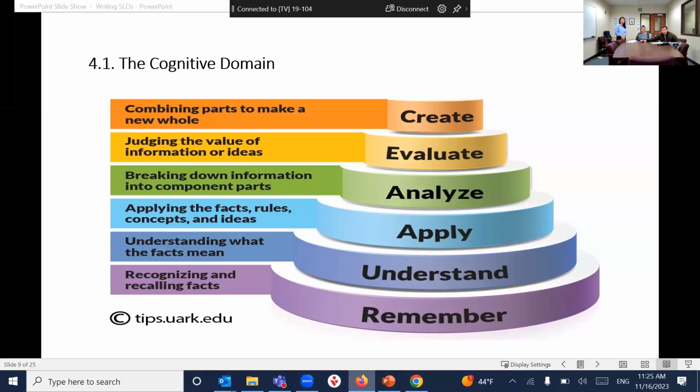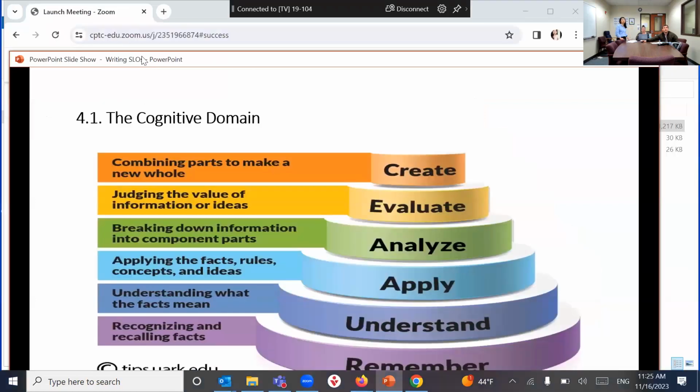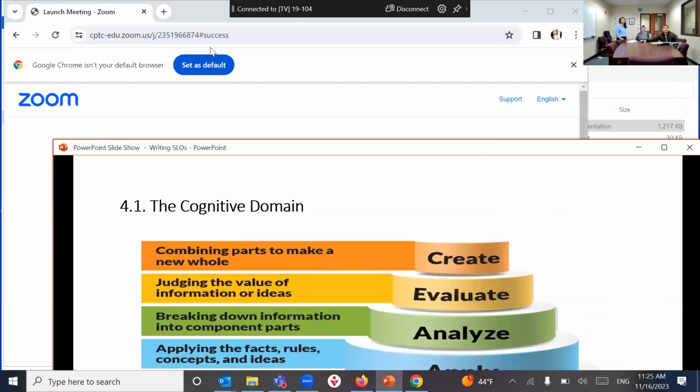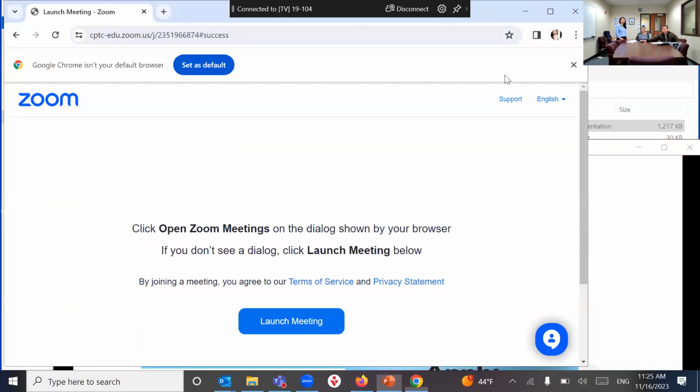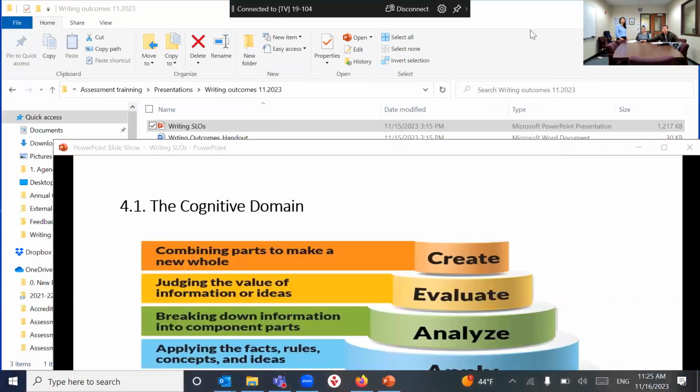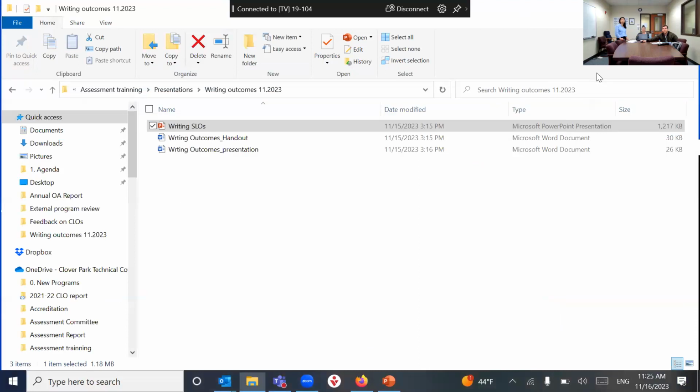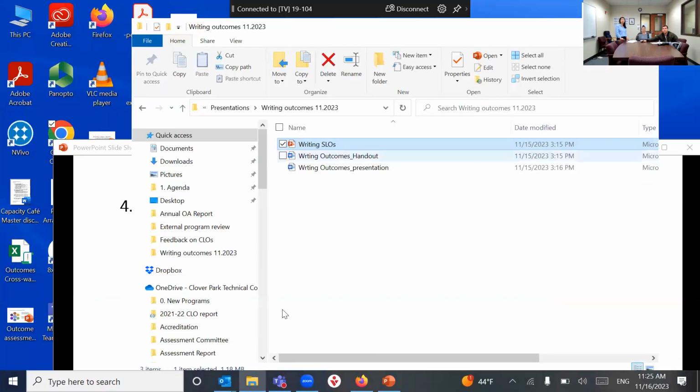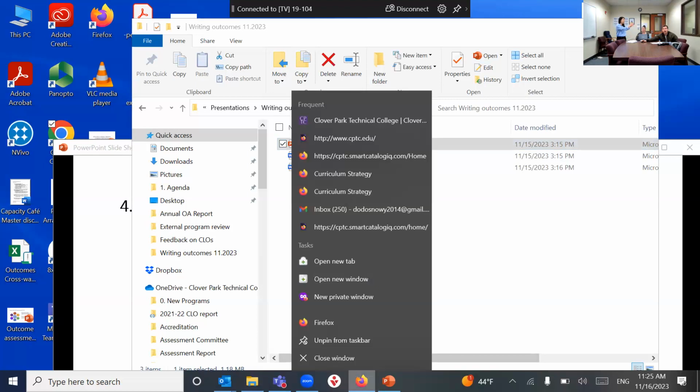It was then revised in 2001. The revised version really didn't change the original levels. This involved changing learning from nouns to verbs. So you can see how knowledge becomes remembering and comprehension becomes understanding.